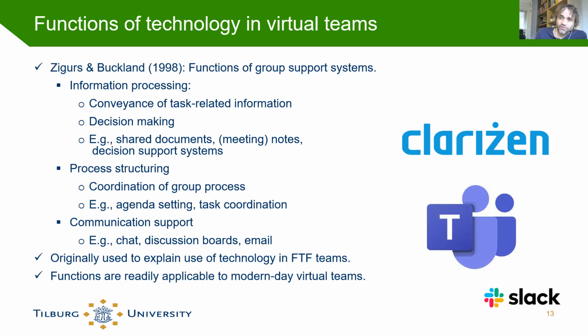But in general, virtual teams depend on technology to support their activities. And there are 3 functions of that technology in virtual teams. First of all, information processing, that is the conveyance, which means giving information, decision making, shared documents, etc. So all those tasks where you need to shift information around in the virtual teams.